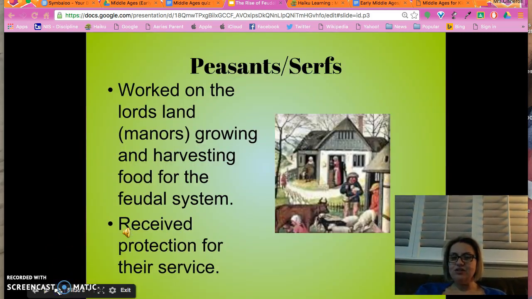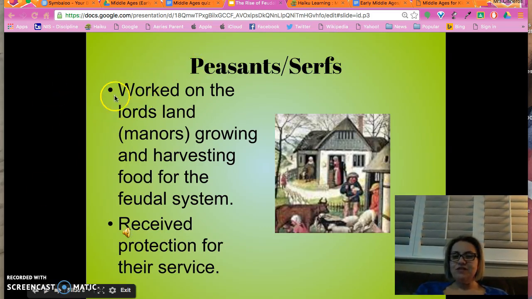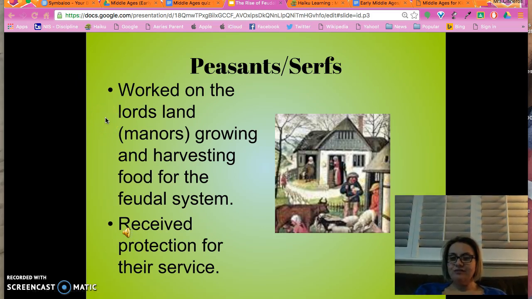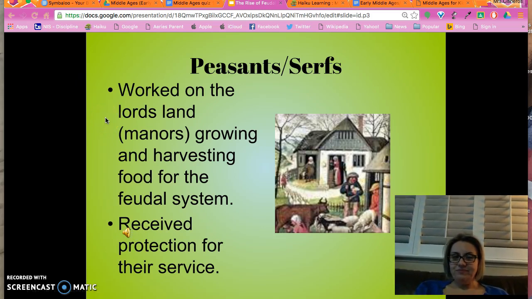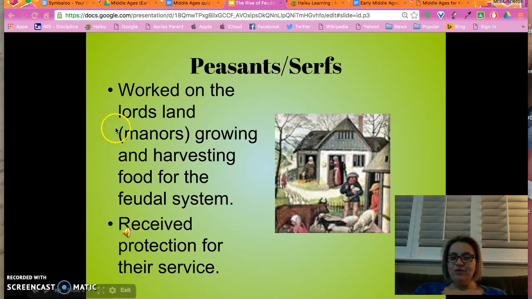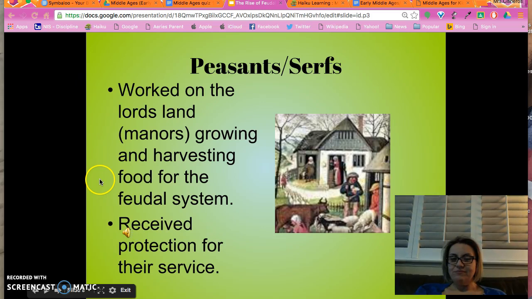Peasants and serfs. The peasants and serfs worked on the lord's land, which is known as a manor. And they would grow and harvest food for the feudal system. And they received protection for their service.